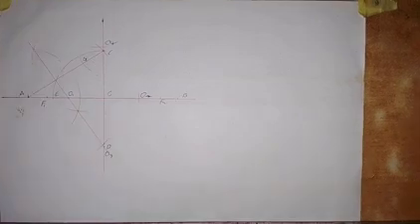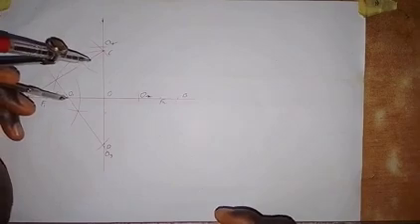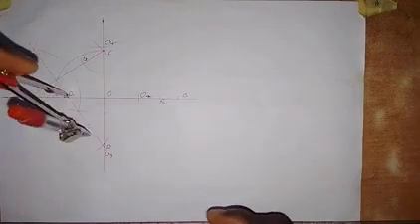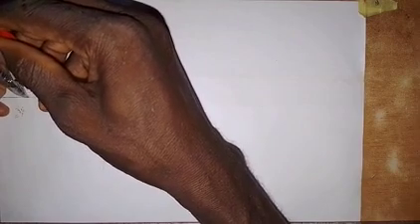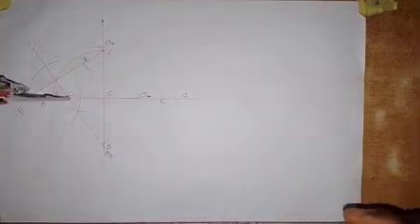Putting the compass at O1, I extend it to point A on the major axis, and I draw an arc that goes up like this and down here.